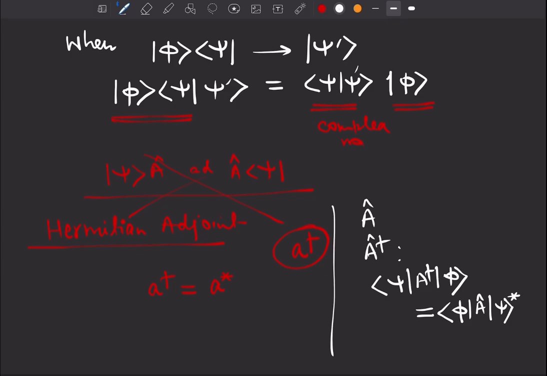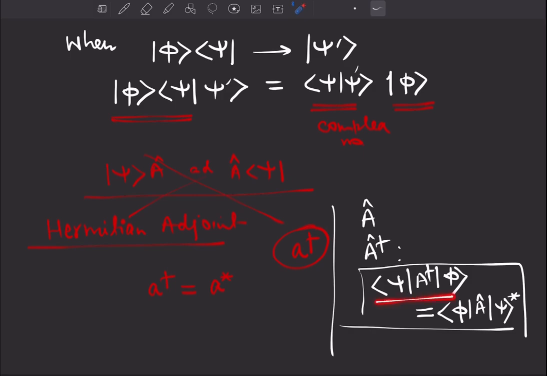So see the order. The order is important. You can see that A dagger, the Hermitian adjoint, is defined by this relation, and now the properties of the Hermitian conjugate.